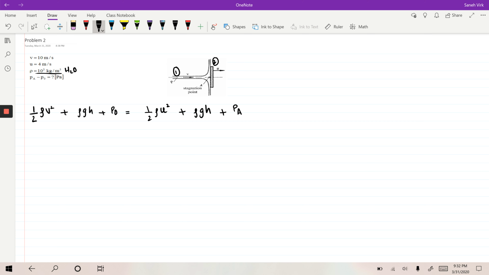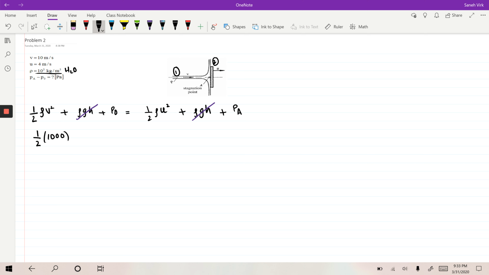So we are given all the information, so let's see what we get. Since rho gh and rho gh are the same on both sides, it's just gonna cancel out. There's no difference in the heights. First we cancel that out, and now let's plug in all the values. 1/2 times 1000.